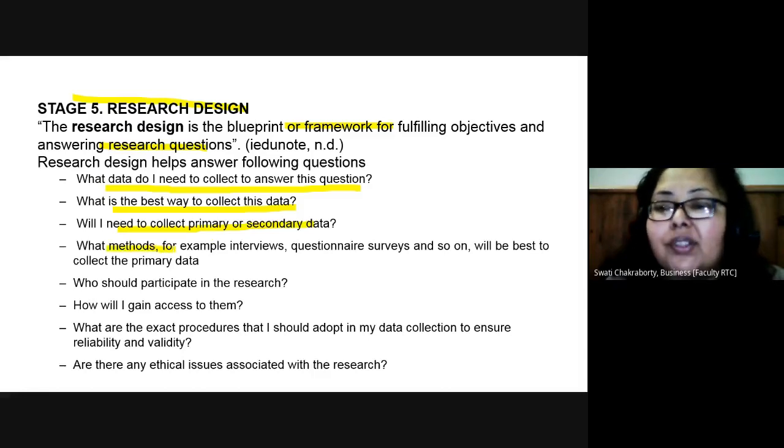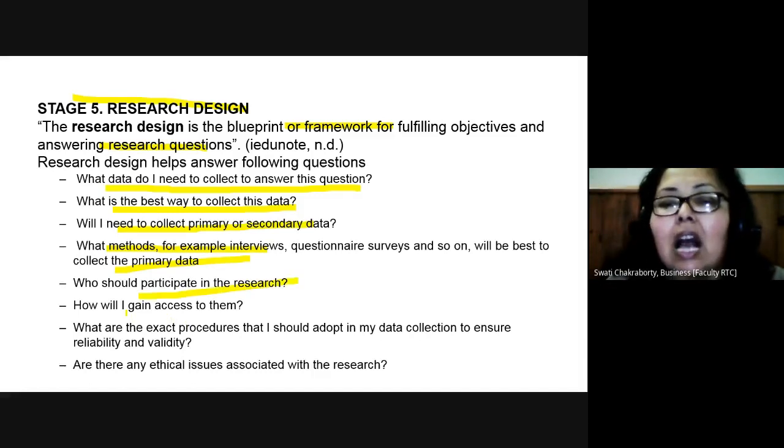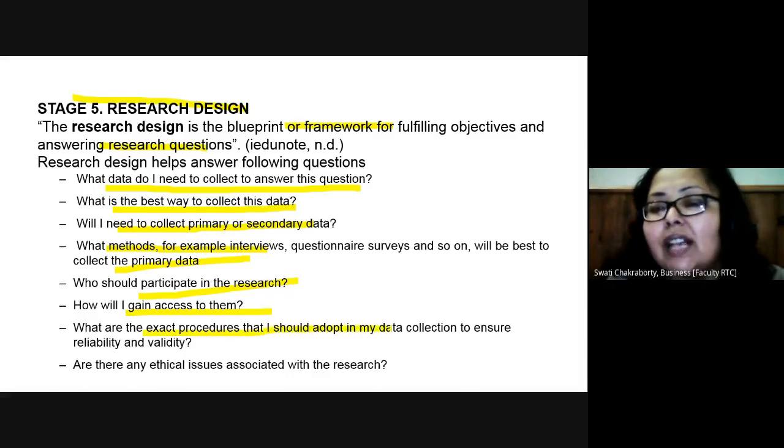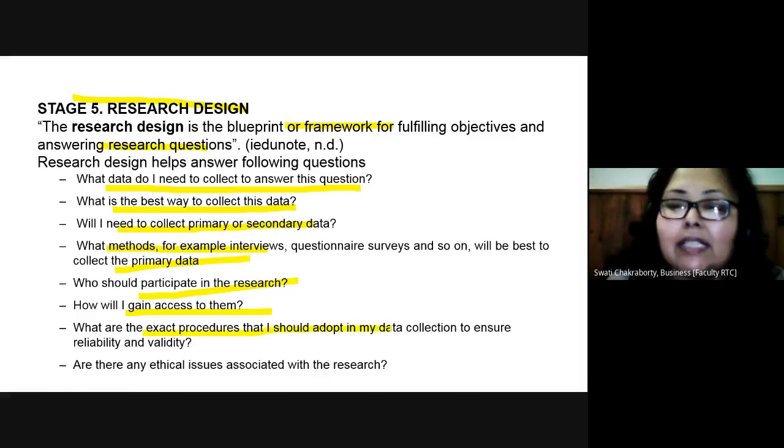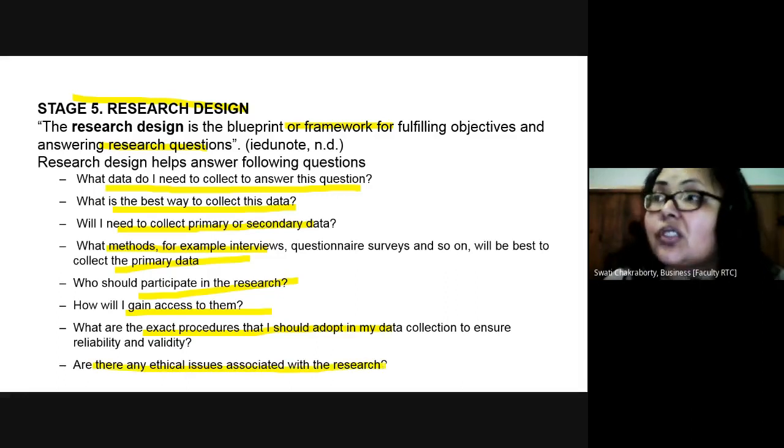What methods will be best to collect the primary data? Who should participate in the research? How to gain access to them? What are the exact procedures to be adopted in the data collection, which would ensure reliability and validity? Are there any ethical issues when you conduct this research?